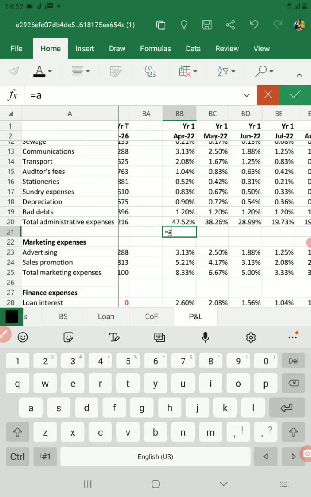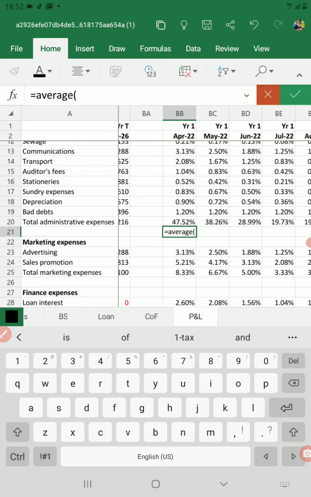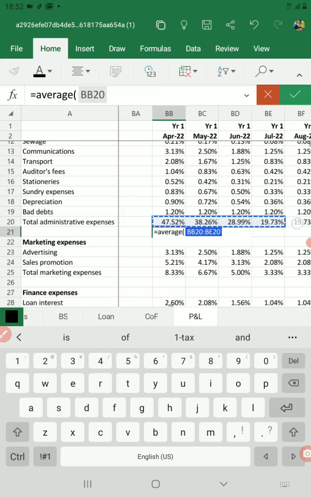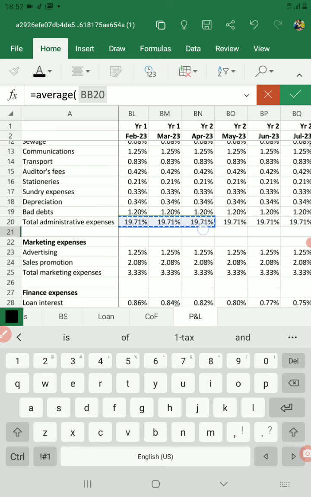Type average, open the bracket, and then take the average from here up to the end of year one, which is here.